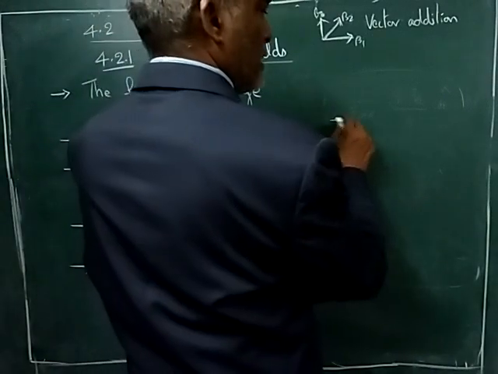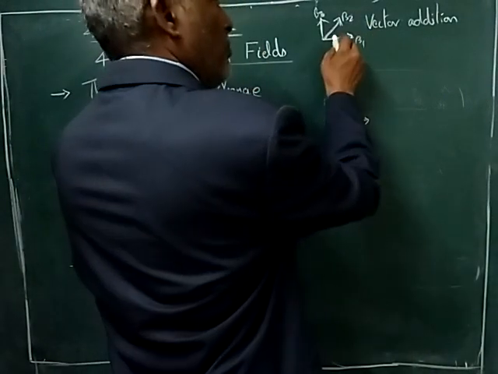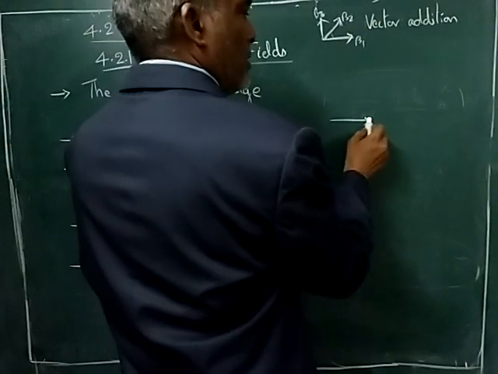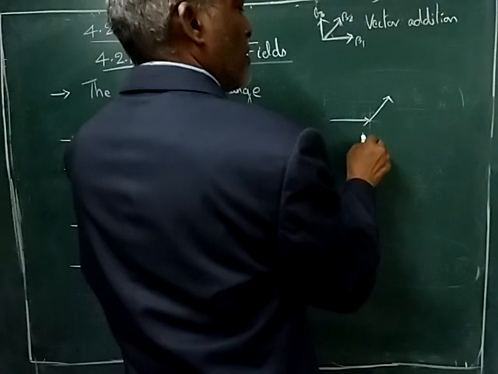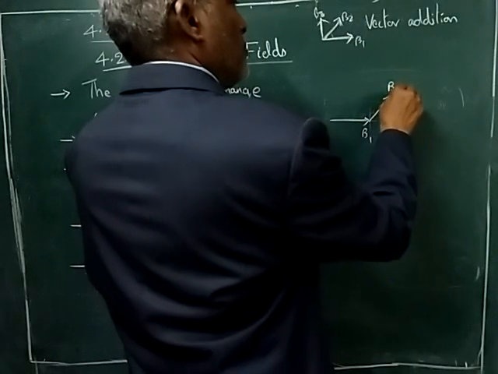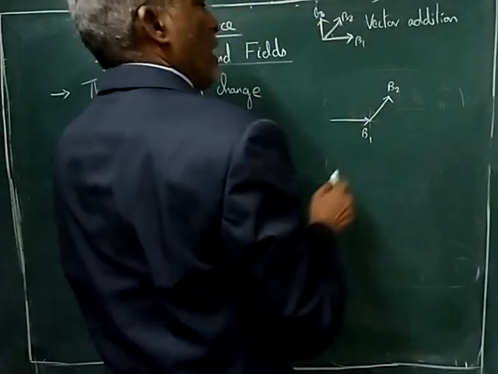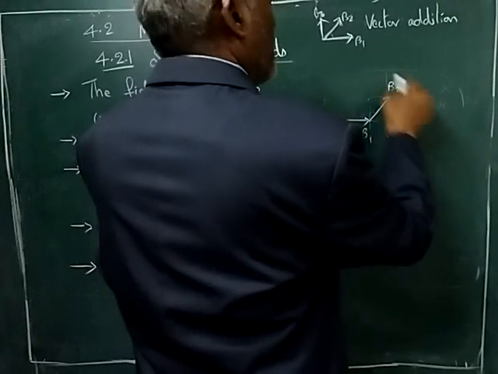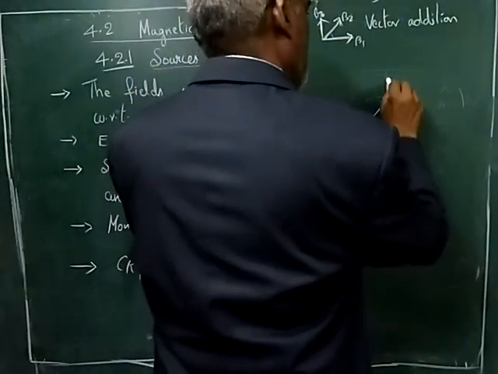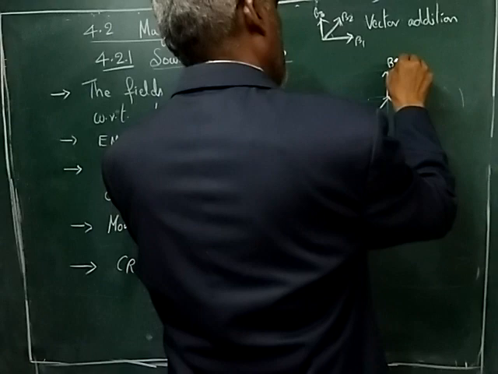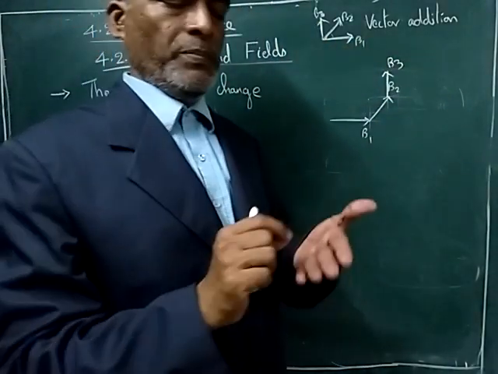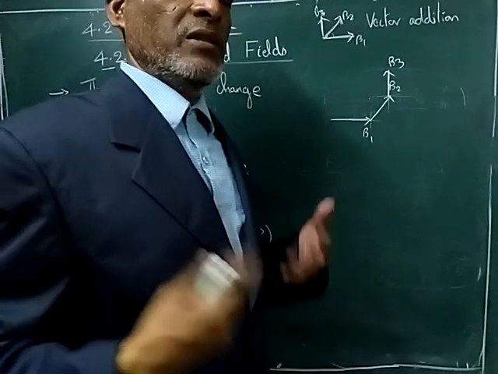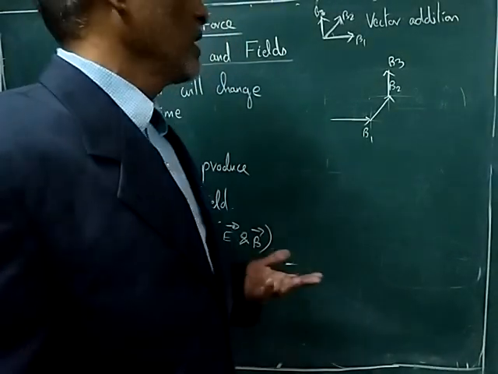Graphically, we can do the vector addition like this: B1 is here, then B2 at some angle theta, and once again we have B3, which from here is at 90 degrees, so it will move here. The resultant of these three vectors can always be found with basic vector algebra.